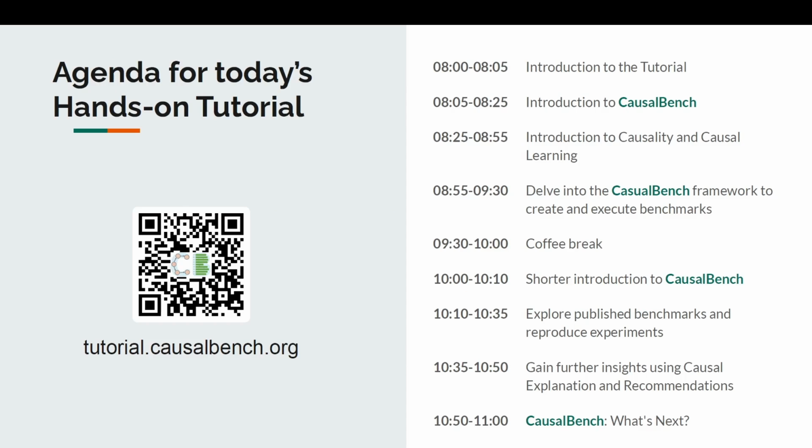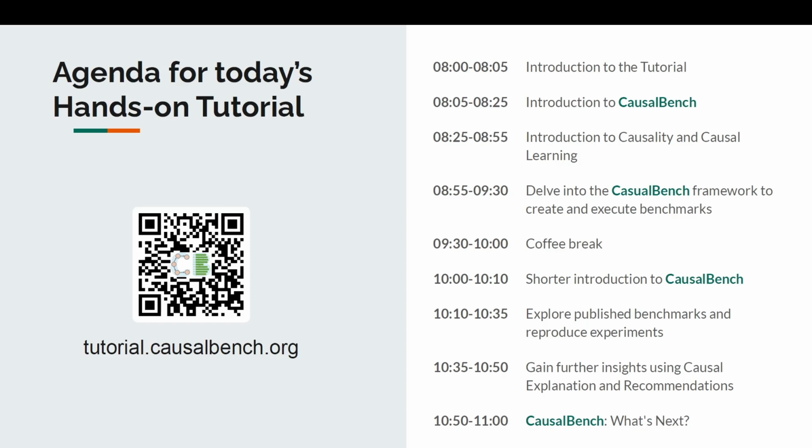I would like to go over today's agenda before we go on to the next part. We started off with an introduction to the tutorial and CausalBench. We'll move on to a brief introduction on causality and causal learning. Then we'll deep dive into the CausalBench framework to create and execute benchmarks, which will be followed by a coffee break. And then we'll have a shorter introduction to CausalBench and causality.